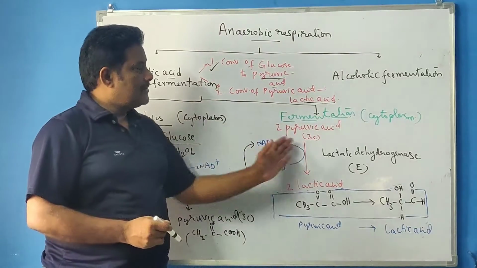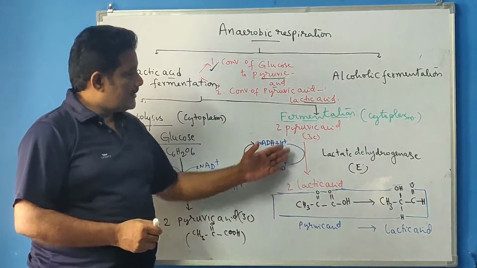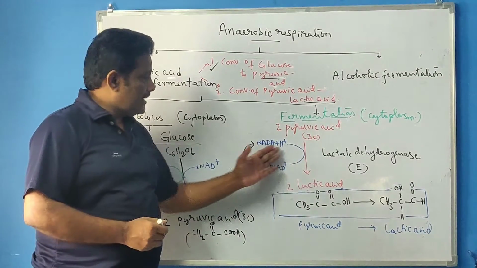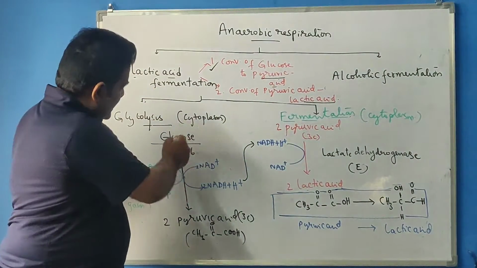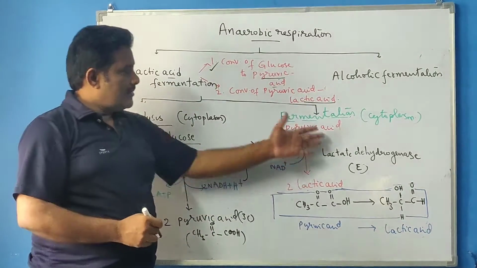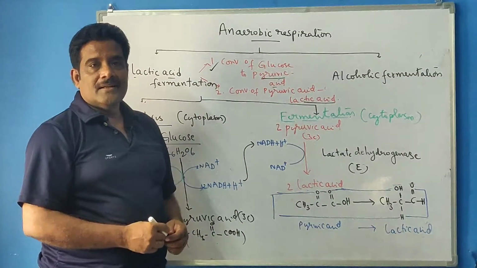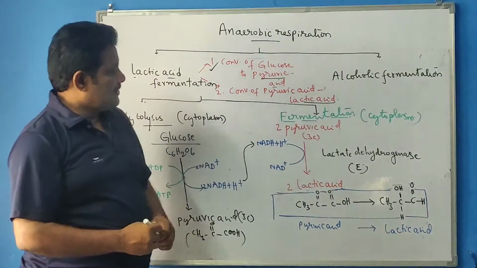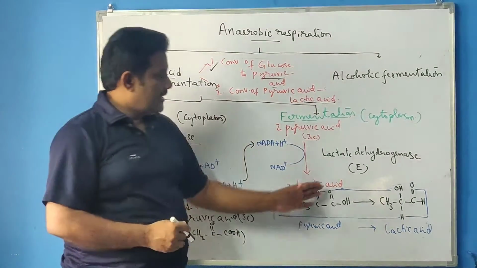These NADH molecules are involved in the reduction of the pyruvic acid molecule to lactic acid. So in the reduction, NADH molecules are available from glycolytic reactions only. There is no formation of NADH molecules here. Do you understand? So this pyruvic acid is going to be reduced to 2 lactic acid.